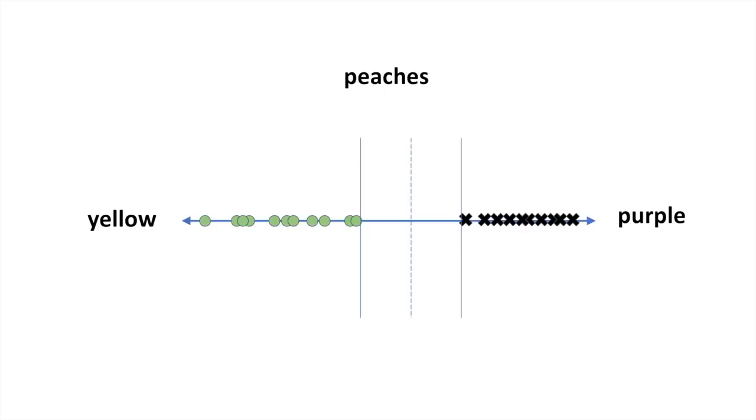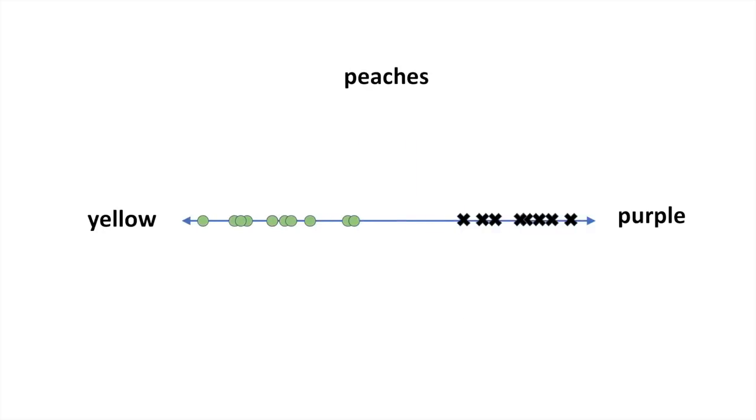There's a dotted center line and then two lanes, and it tries to make that road as wide as it can possibly get until the outside of those two lanes bump up against your two data sets. The center line is the divider between the two groups. Anything to the left of that will be assumed to be good to eat. Anything to the right of that will be assumed to be bad to eat. And the lanes on either side are called margins, for lack of a better term.